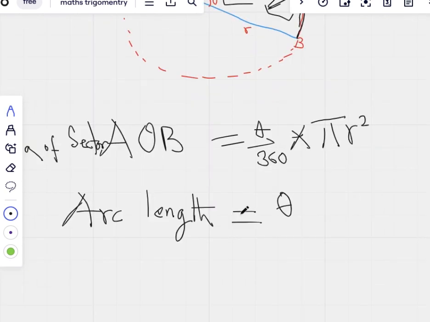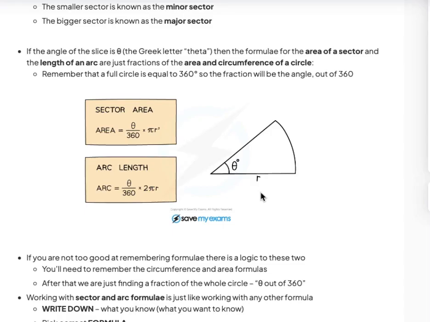Similarly, you say theta over 360, the angle over 360, times, because this is about circumference, 2 pi r. So these are the formulas we need to cultivate the habit of using. Okay, that's that.